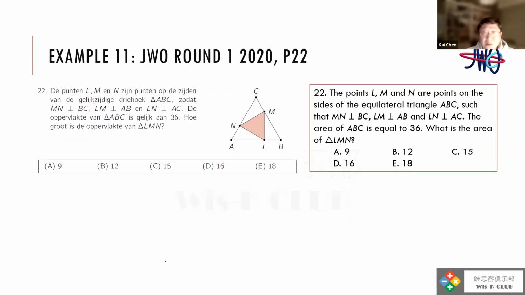Number 11. Again, some symmetry. And we start with, let's say, a regular triangle.